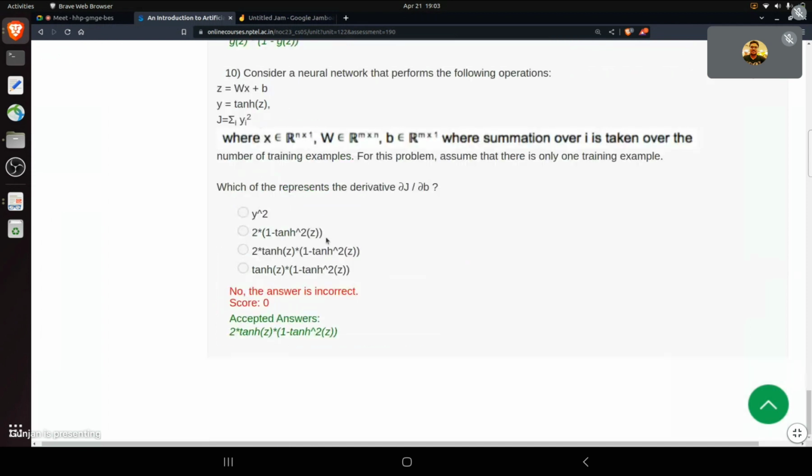And the final question, it is tanh of x, and we already saw last time that the derivative of tanh of x is 1 minus g of z the whole square. So it was 2y into the derivative of y, which is del j by del b.